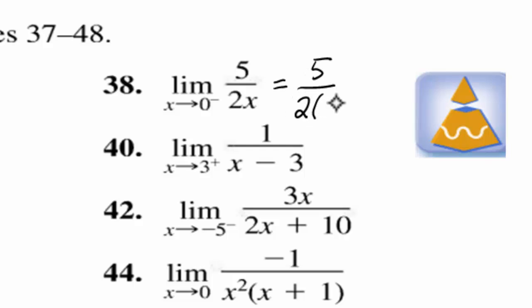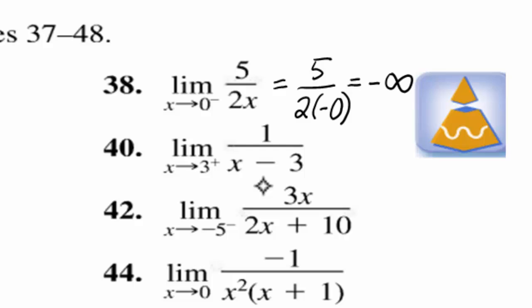Now we're looking at what happens when x approaches 0 from the left. That means it gets close to 0 in the negative sense. So when you have a number divided by a very, very small number approaching 0 negatively, the whole ratio goes to negative infinity.